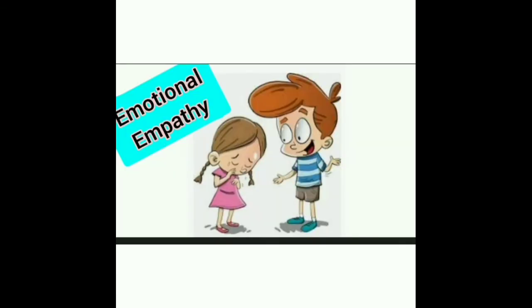The second one is emotional empathy. Emotional empathy is the ability to feel the emotions of your partner as they are happening. For example, you may have noticed this when you cried watching a very sad scene in a movie.